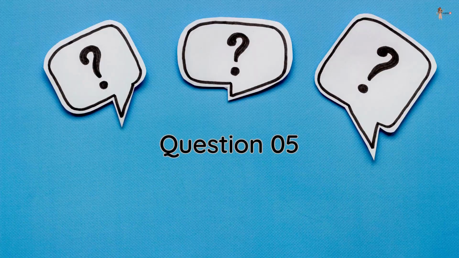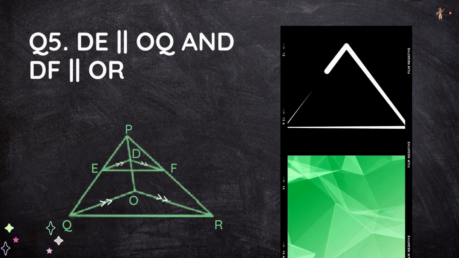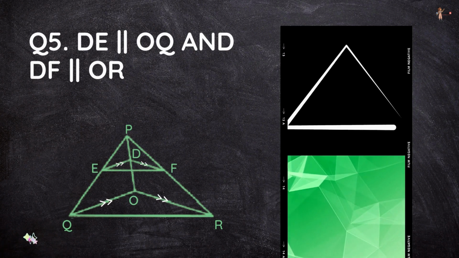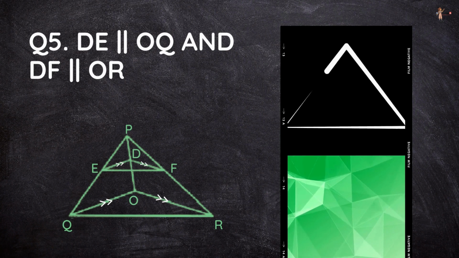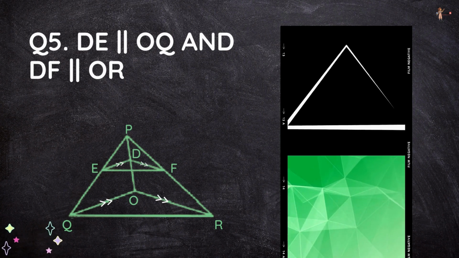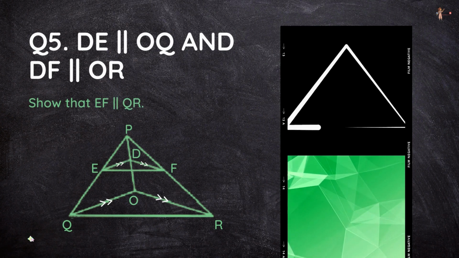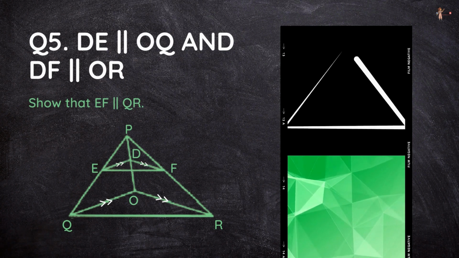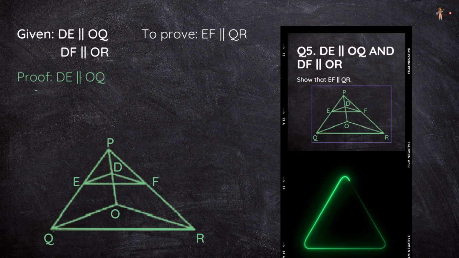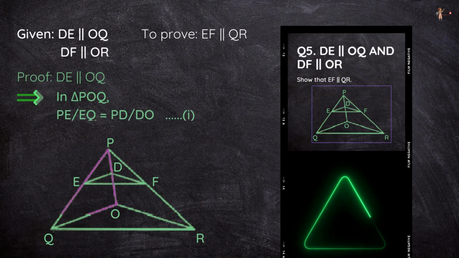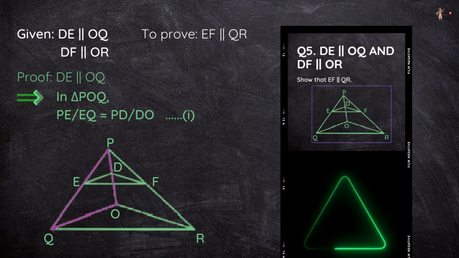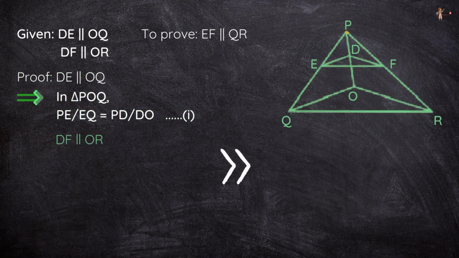Let's see question 5 now. Sorry, DE is parallel to OQ and DF is parallel to OR. Show that EF is parallel to QR. Since DE is parallel to OQ, we get PE upon EQ equal to PD upon DO.